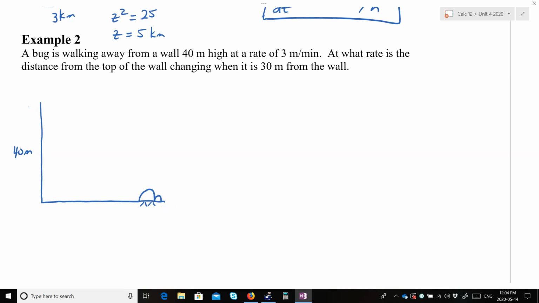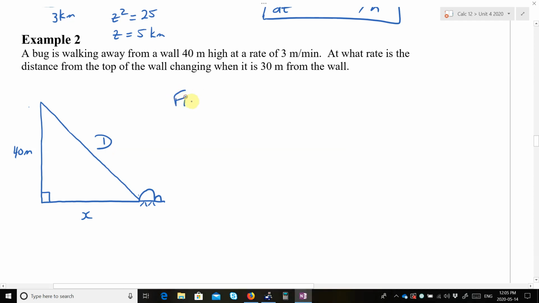Okay, at what rate is the distance from the top of the wall changing when it is 30 meters from the wall? Okay, so at first we have to make the distance the bug is away from the wall variable. And we want to know at what rate is the distance from the top of the wall changing when the bug is 30 meters from the wall.